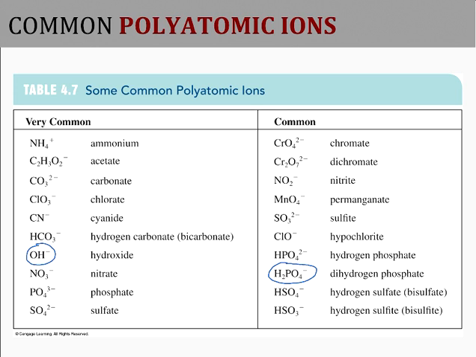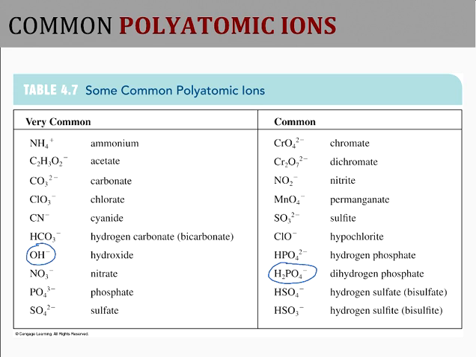Now, the type of bond that's occurring between those elements is a covalent bond. So all of those atoms are sharing electrons. And we'll talk more about covalent bonds in a future lecture. But the main idea here is that a group of elements can have an overall charge. Polyatomic ions are pretty common in chemistry, so I would like you to know the different names for these polyatomic ions.